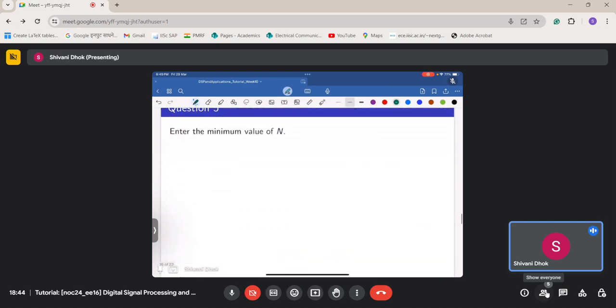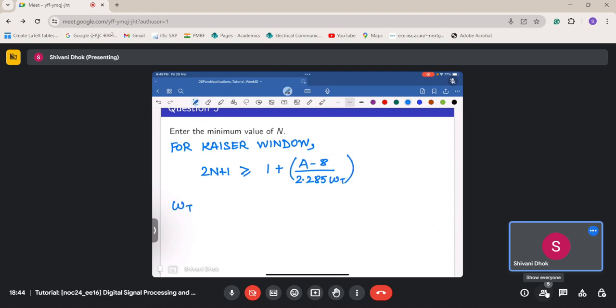So next we need to find out the minimum value of n. And for this Kaiser window, 2n plus 1 should be greater than or equal to 1 plus A minus 8 upon 2.285 omega t, where omega t is transition width.